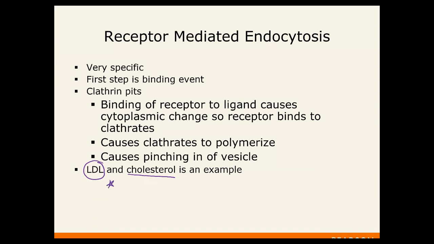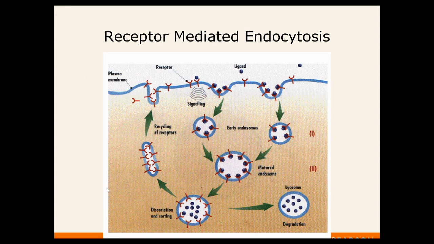So basically, the idea here is that whatever is coming into the cell is going to bind to a receptor, and that causes a change so that the receptor binds to some molecules called clathrin, and these clathrin start to polymerize, and then it causes a pinching in and formation of a vesicle. If none of that makes sense, that's okay, because we're going to look at the picture now.